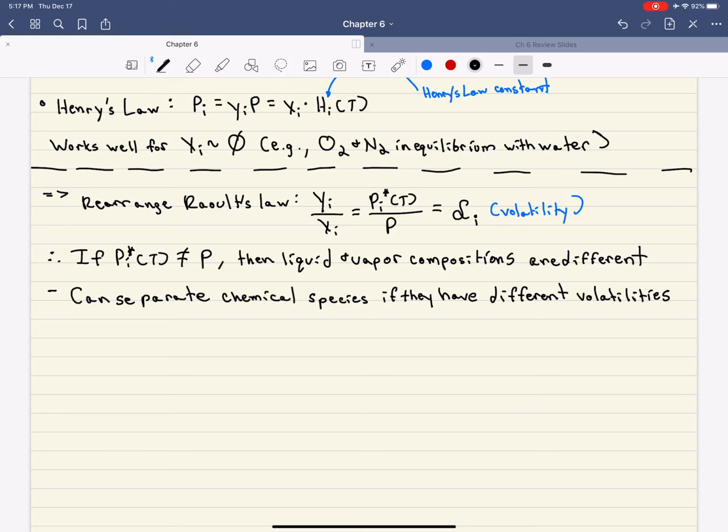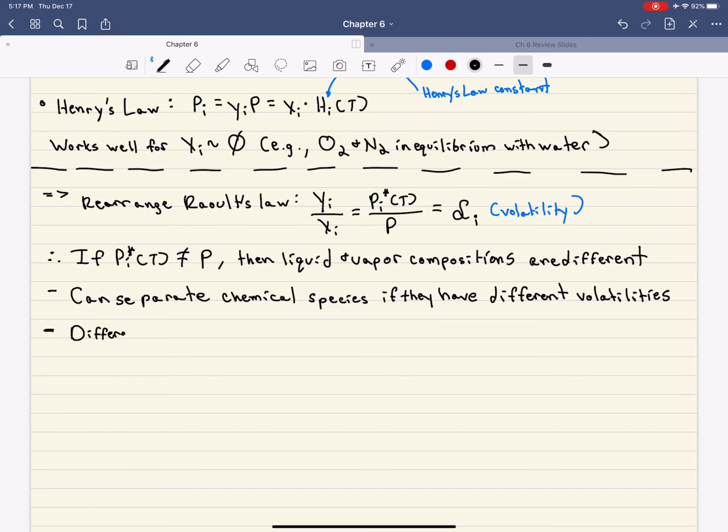So you could separate different chemical species from each other if they have different volatilities, right? And in general, you could visualize the differences in volatilities between chemicals by using what we call a vapor-liquid equilibrium diagram, right?